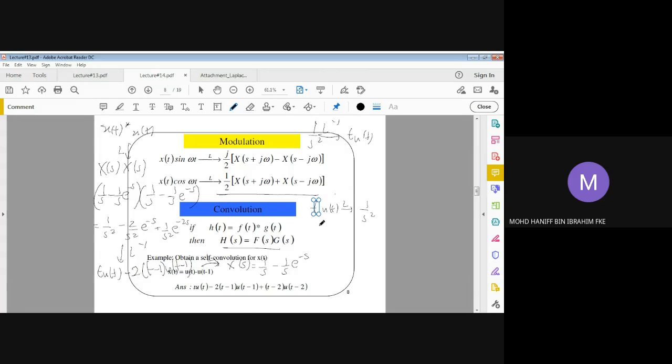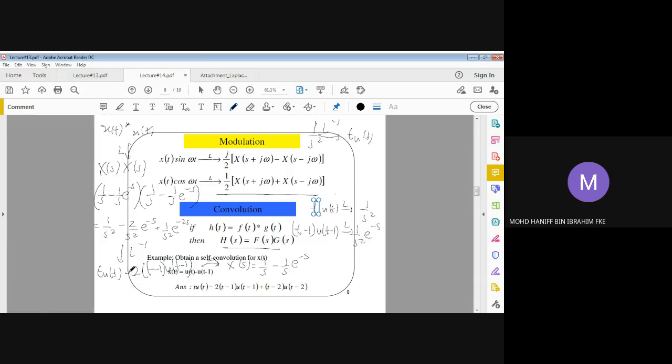If the time domain function experiences a shift by 1 unit, we have (t minus 1) u(t minus 1), so the Laplace for it equals 1 over s squared times e to the negative s. This is from the shifting properties we learned in the earlier part of lecture 14. The same thing applies.